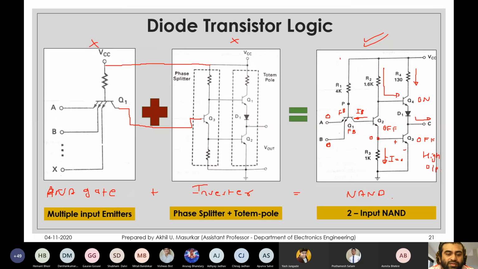Similarly, you can try out some wires. Current from here.